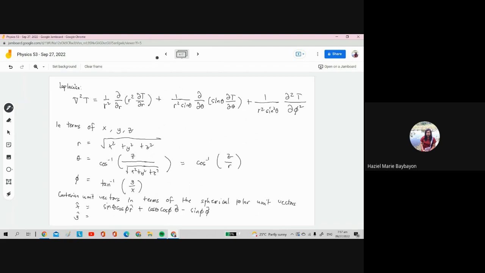And then your y hat is equal to sine theta sine phi r hat plus cosine theta sine phi theta hat plus cosine phi phi hat. And then lastly, your z hat is just equal to cosine theta r hat minus sine theta theta hat.